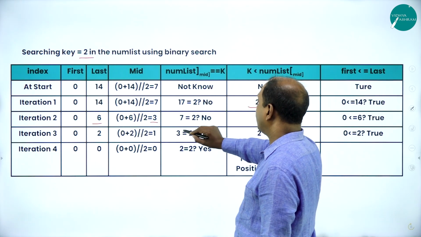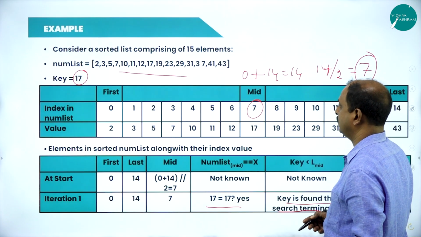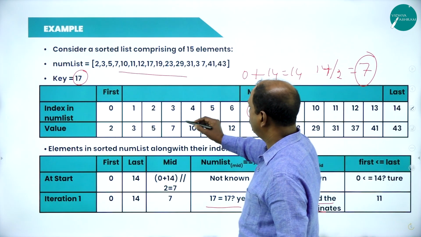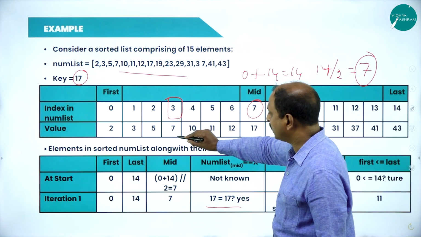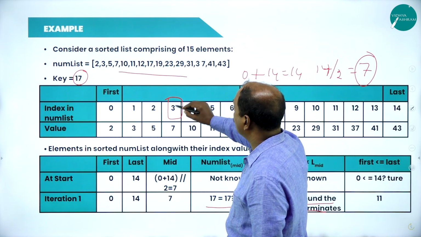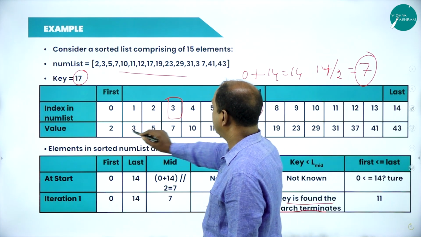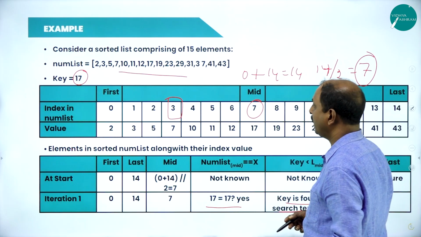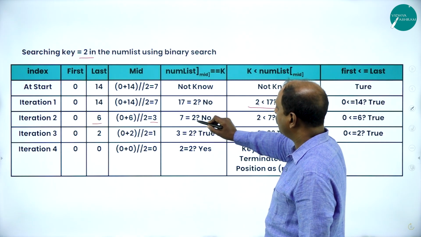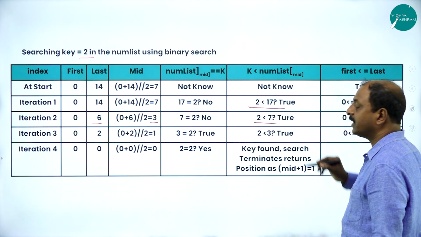So 3 is the middle element, and the value at index 3 is 7. Now we compare 2 with 7. 2 is not equal to 7, and again we have to find out whether 2 is less than 7.